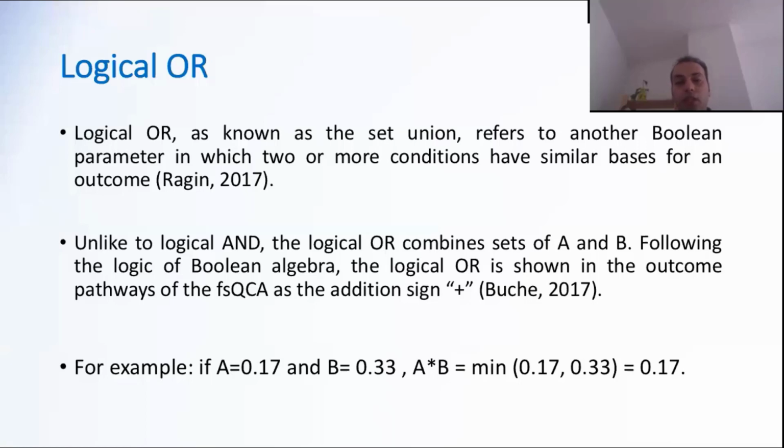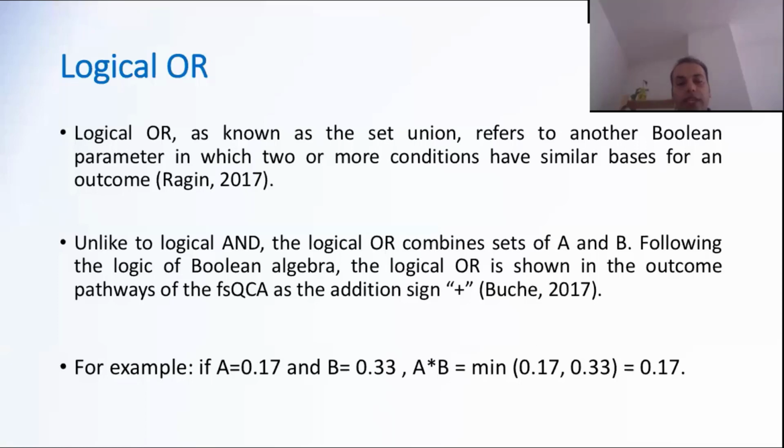The logical OR refers to the extent to which two or more conditions have similar bases for an outcome. So the logical OR combines the sets of A and B. It has a plus or addition sign in fsQCA.